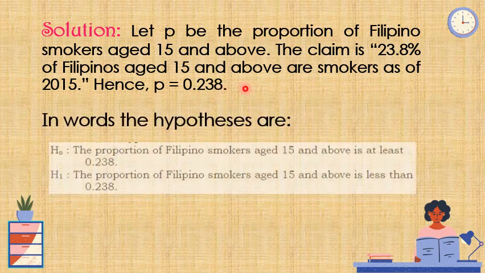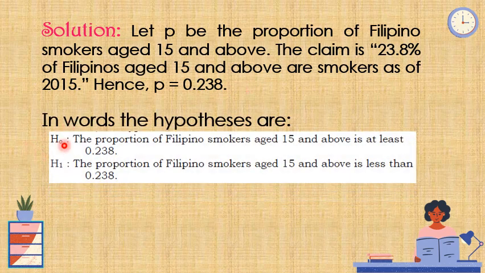In words, the hypotheses are H0, the proportion of Filipino smokers aged 15 and above is at least 0.238. Ang ating alternative hypothesis, the proportion of Filipino smokers aged 15 and above is less than 0.238.